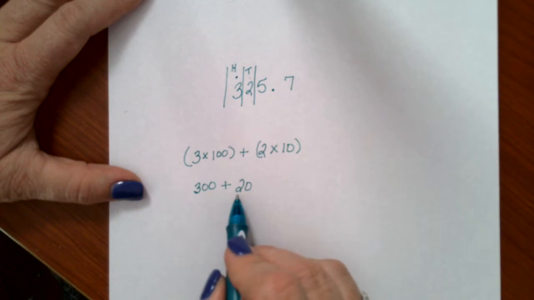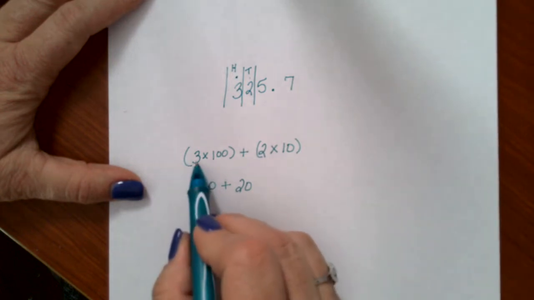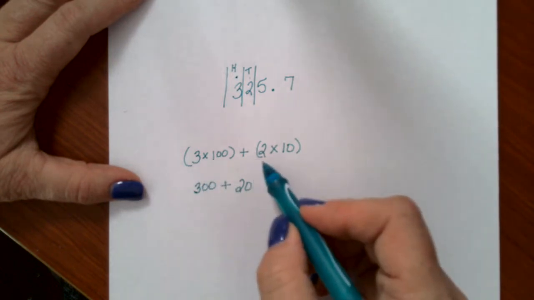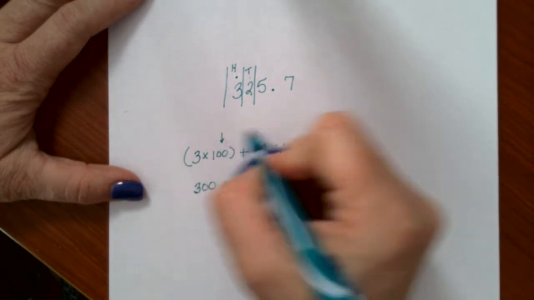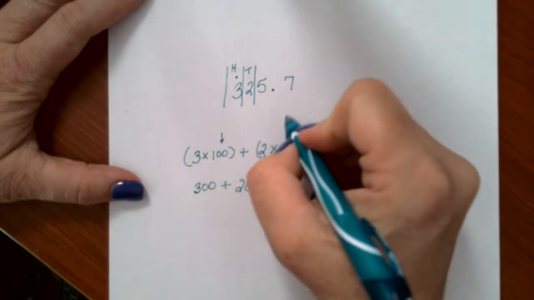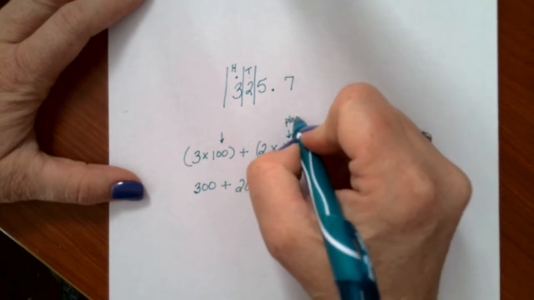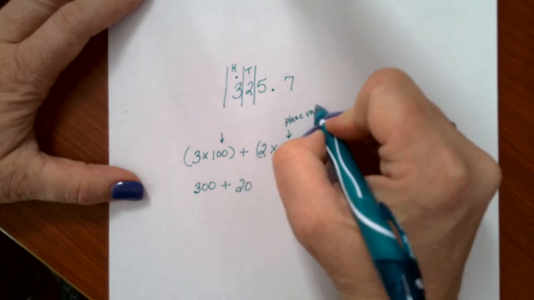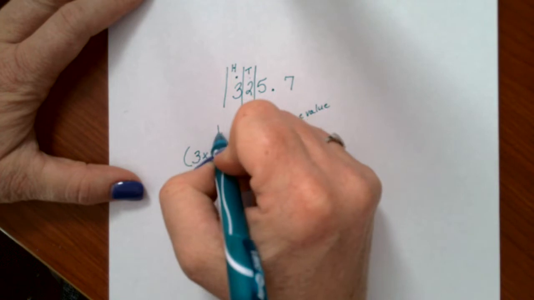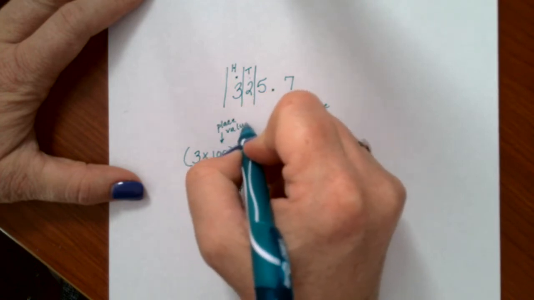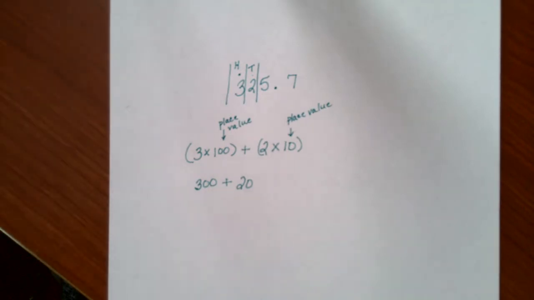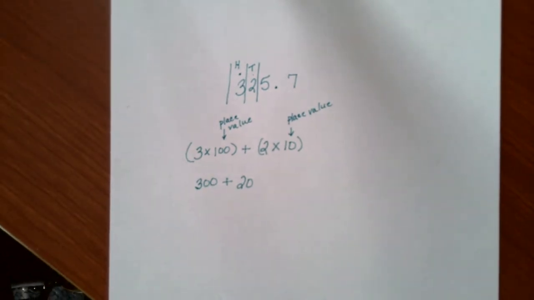So 300 plus 20, or 3 times 100 plus 2 times 10. Notice again that these numbers right here are the place value. Okay, so we have to make sure that we are multiplying by the correct place value.